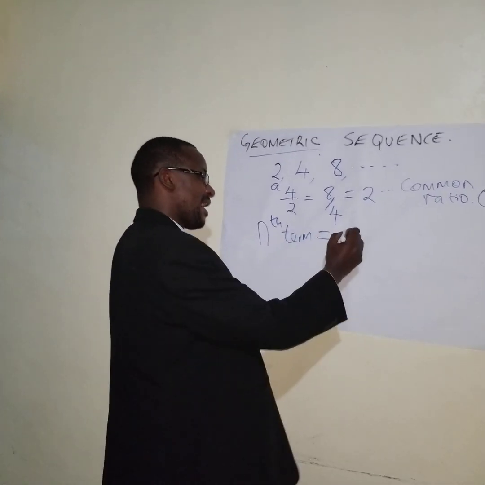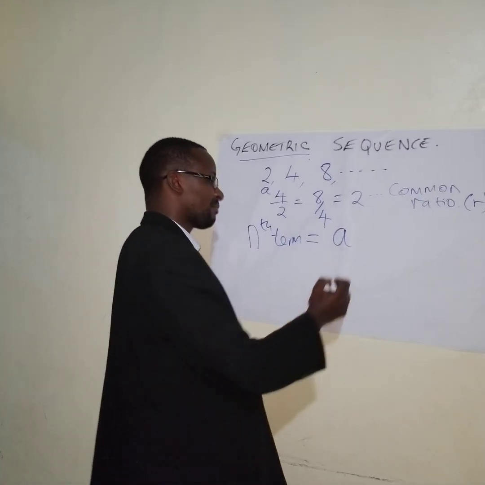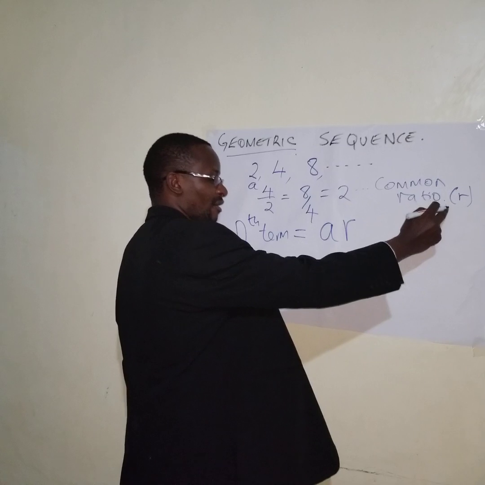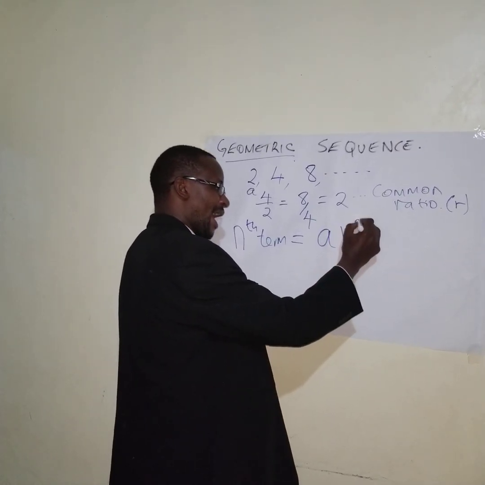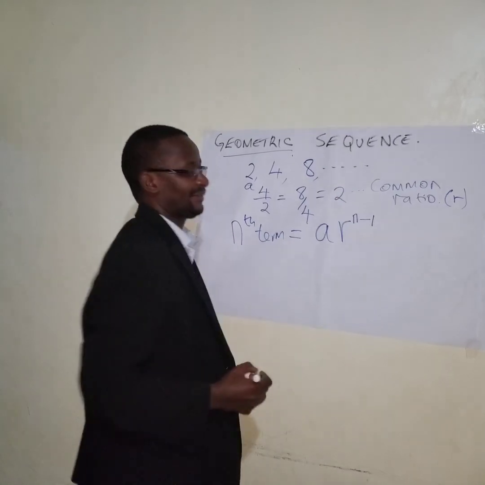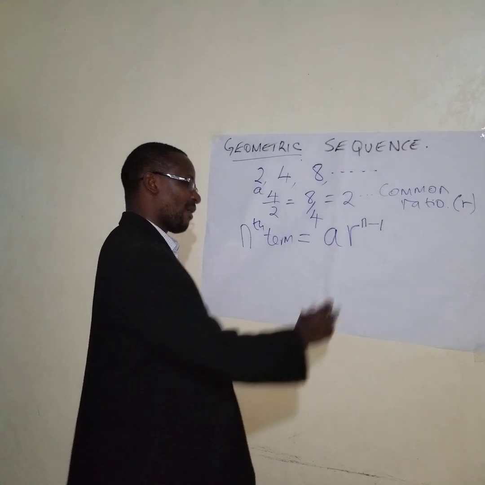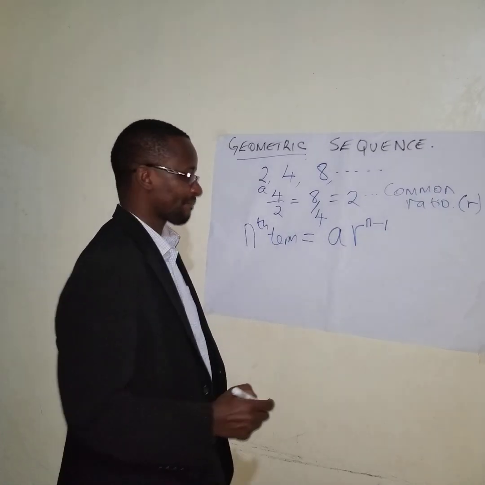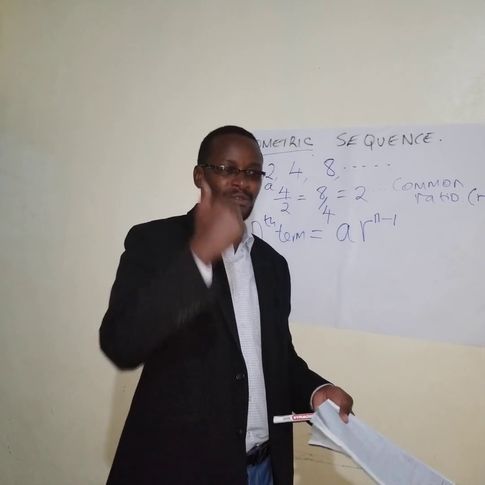It is A, that is the first term, multiplied by R, that is the common ratio, and R is raised to power n minus 1. So you subtract 1 from n and you put it as a power of R. What is n? N is that particular term or the number you're looking for.